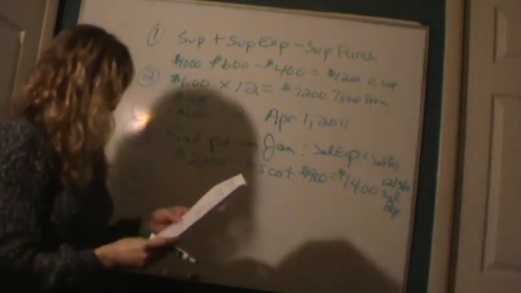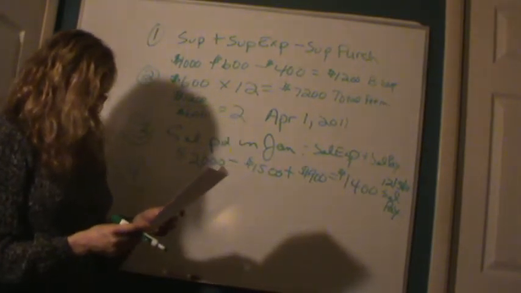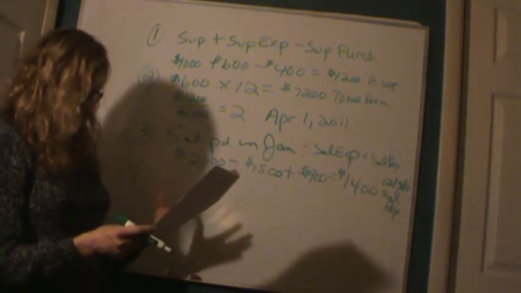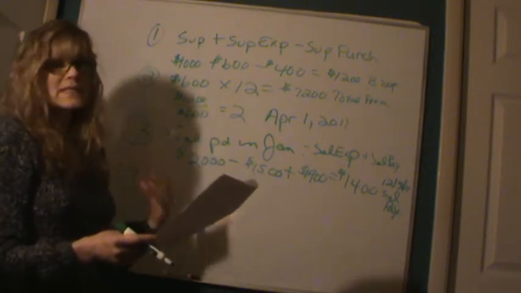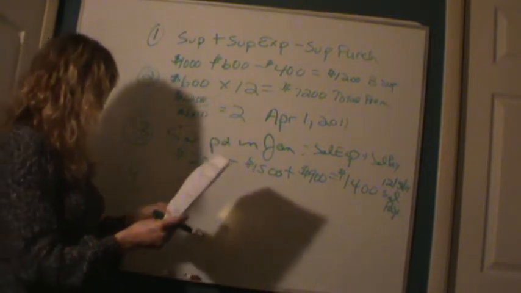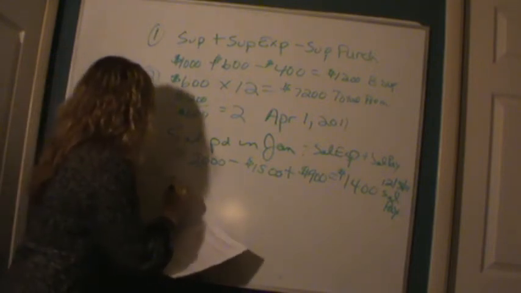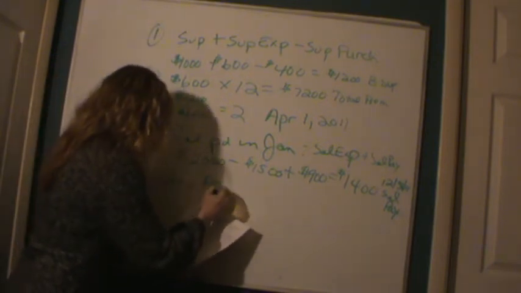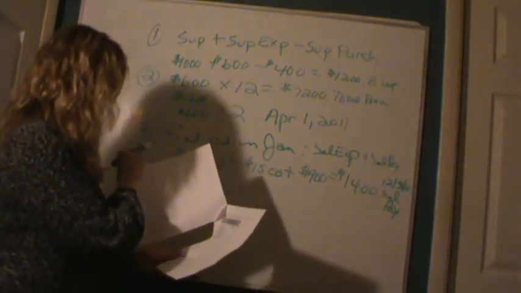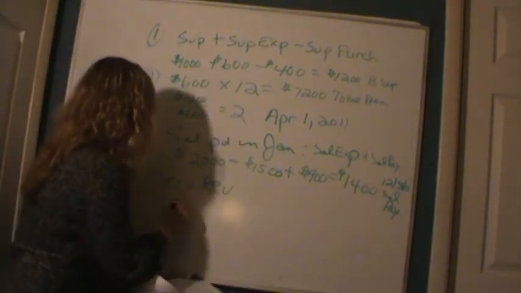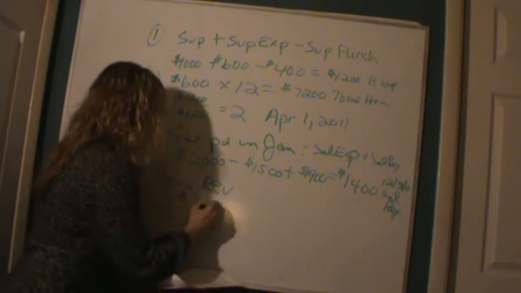Last one. If $1,500 was received in January for services performed in January, what's the balance in unearned revenue at December 31st, 2011? For this, we need to take our service revenue, and if you look at the trial balance, the service revenue is $3,000.